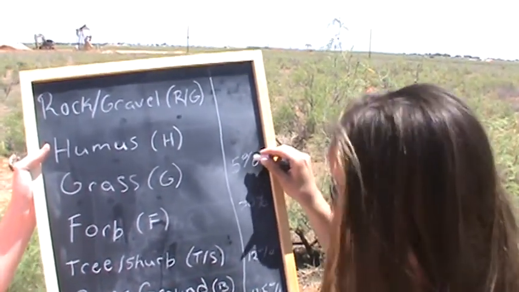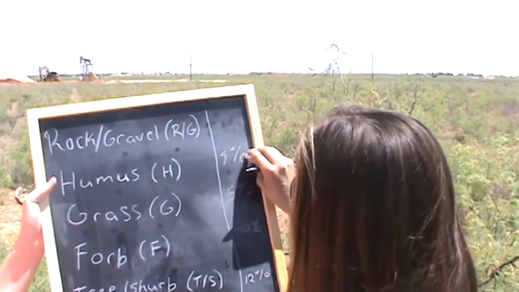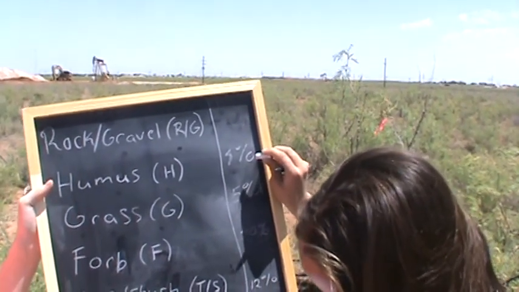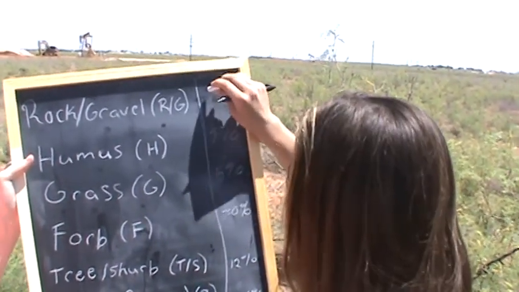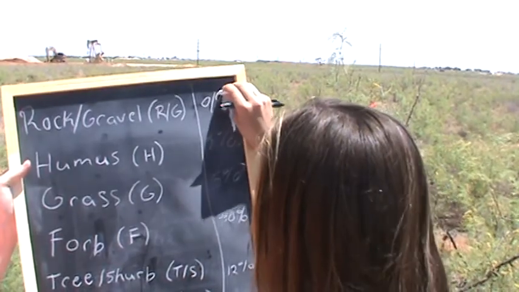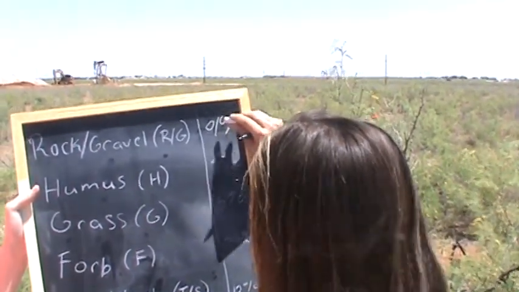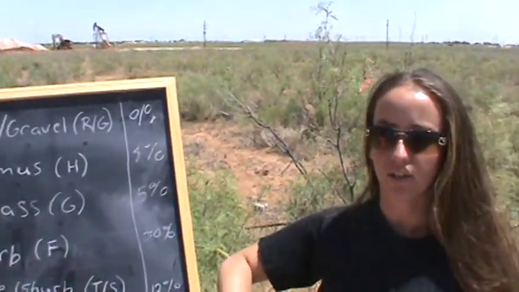Our humus is 8%. Our rock and gravel is 0%. As a total, we'll go up to 100% in this pasture.